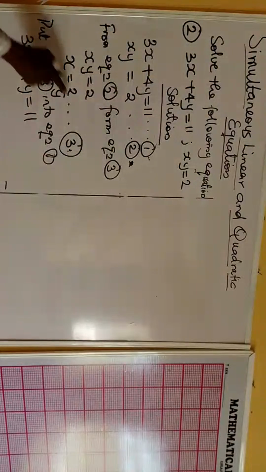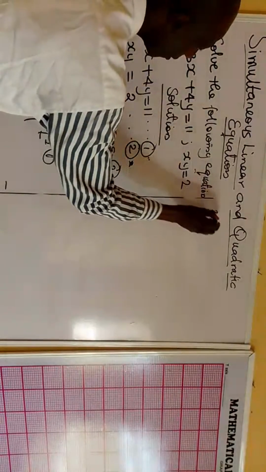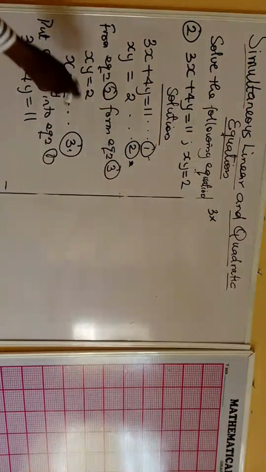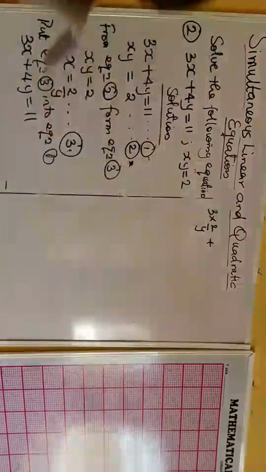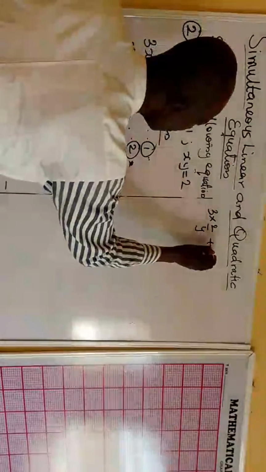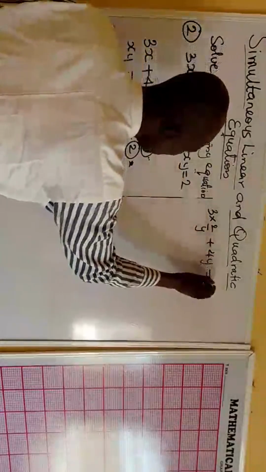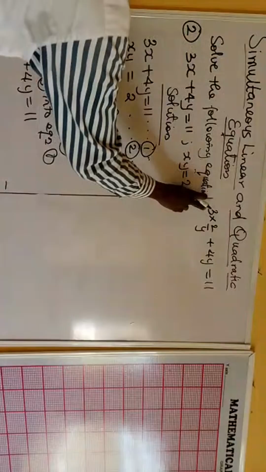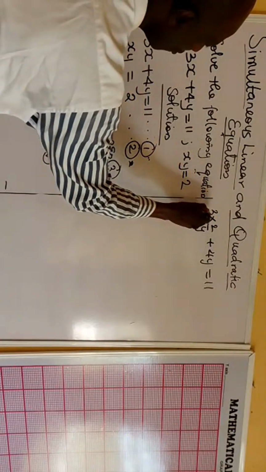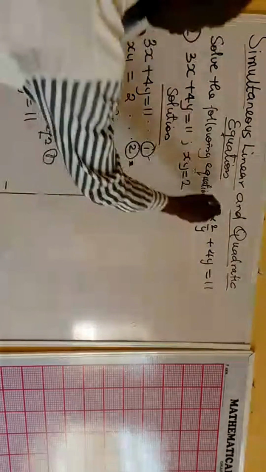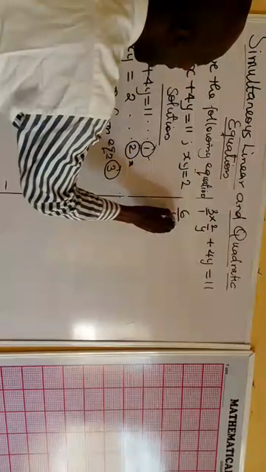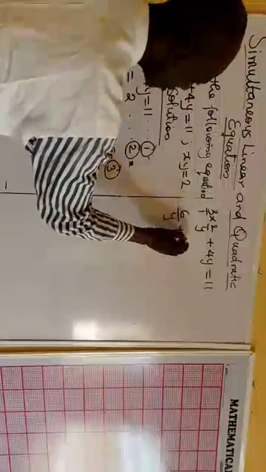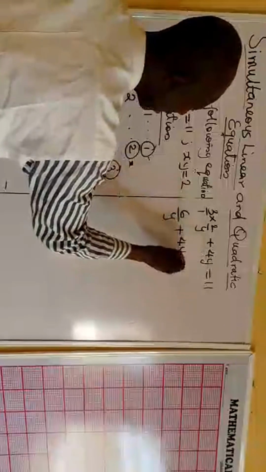Now, instead of x, I'm going to say 3 times what x is, which is 2 over y, plus 4y is equal to 11. 2 times 3, yes, is over 1. Take note, 2 times 3 is 6. 6 over y plus 4y is equal to 11.